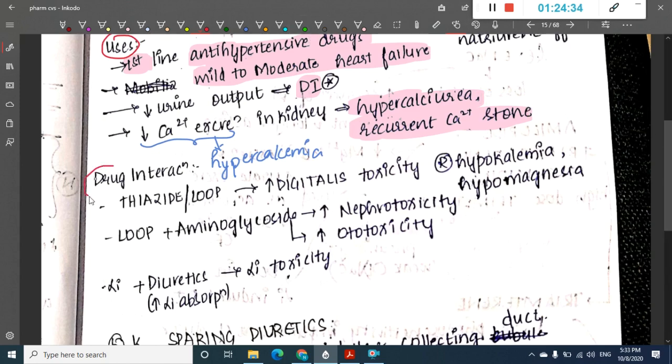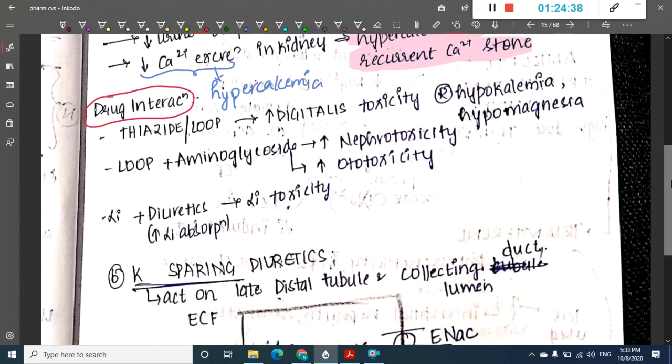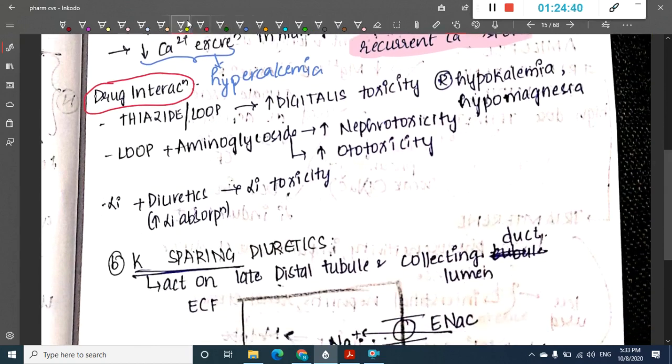Then let us learn about the drug interactions. If you see, thiazide or loop diuretics will increase digitalis toxicity because they cause hypokalemia and hypomagnesemia.